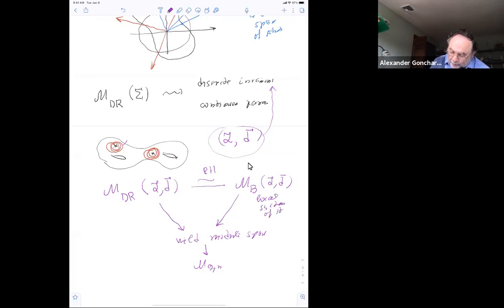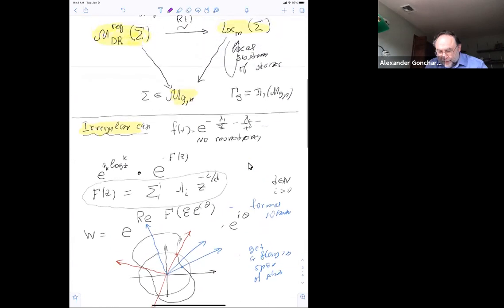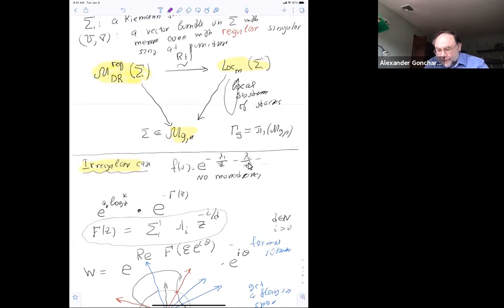of moduli spaces. And I just want to return for a second to the previous picture. So here, the fact that this is a local system of moduli spaces, sometimes people talk about this by talking about isomonodromic deformations of a differential equation.